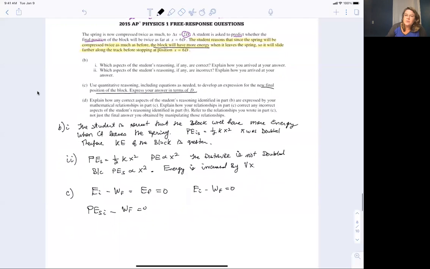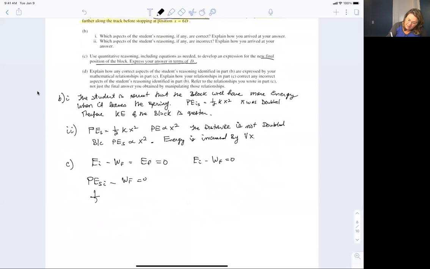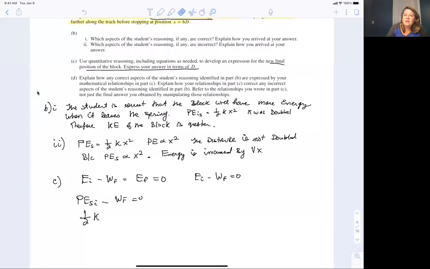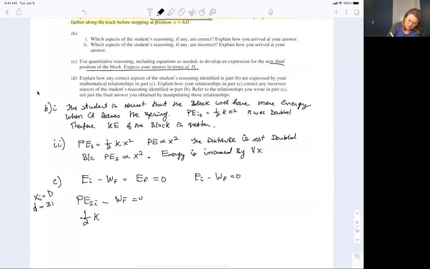So we're doing a factor of change problem, just so you know. 1/2 K. Now I'm going to define my X as, so in this equation for potential energy due to a spring, we compress it by D, and then we compress it by 2D, right? So let's define X initial, the original one, as D. And we know that it traveled some distance in the original situation, the original distance 3D, okay?